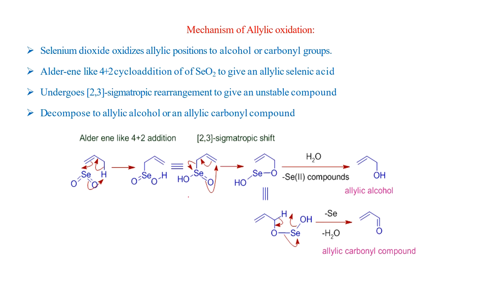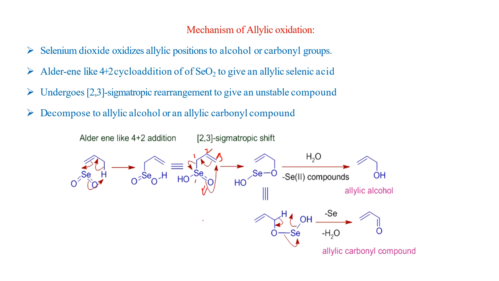Okay, this allylic selenic acid undergoes a 2,3 sigmatropic rearrangement to give an unstable compound which decomposes to produce allylic alcohol or allylic carbonyl compound. See, it is allylic selenic acid, positions 1, 2, 3.